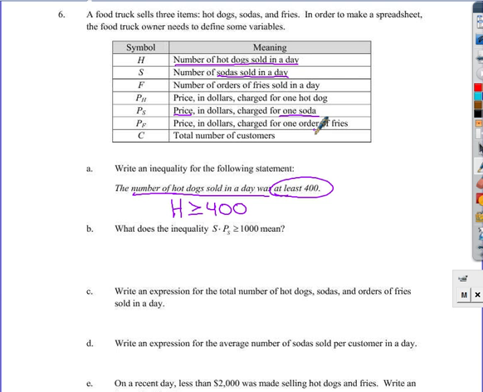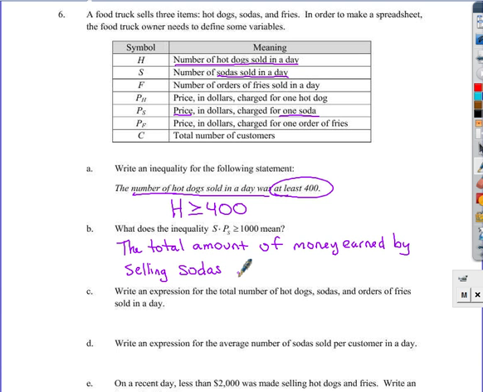So I put that together, it's going to give me the total amount of money earned by selling sodas in a day was at least $1,000.